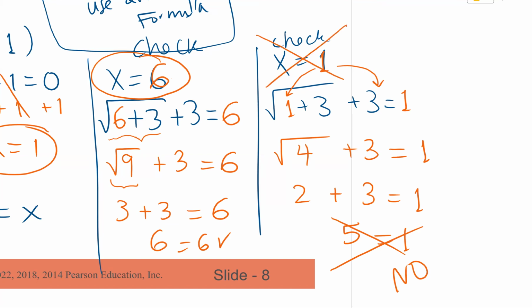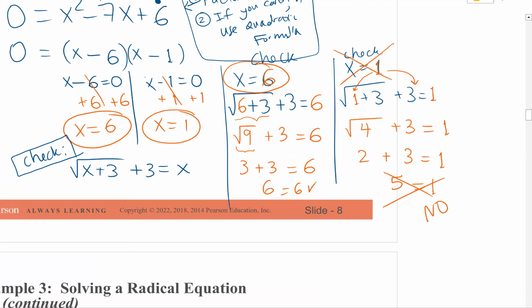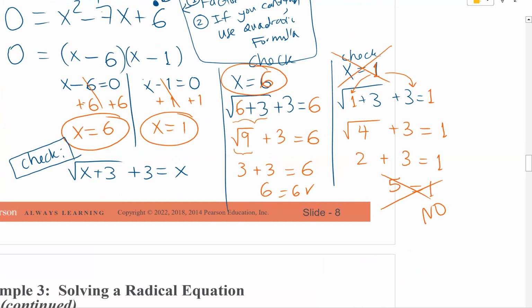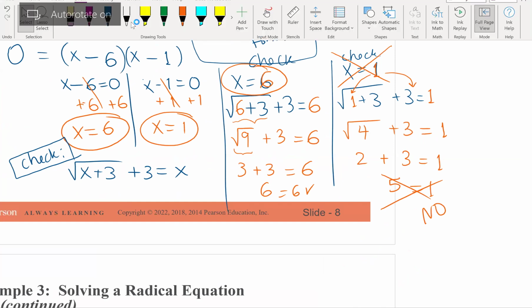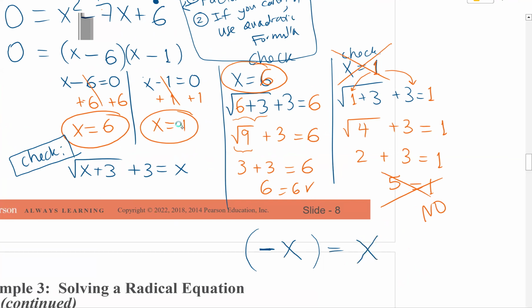And like I said, it's not the factoring or anything I did. It's not like I did something wrong. That's just how these problems work. The problem is that at a certain point you raise both sides to the second power. The left side could have been a negative number, like a negative x, and the right side could have been a positive. Those are not equal because one's positive and one's negative.